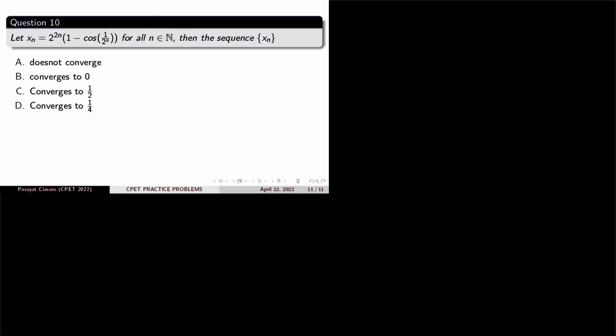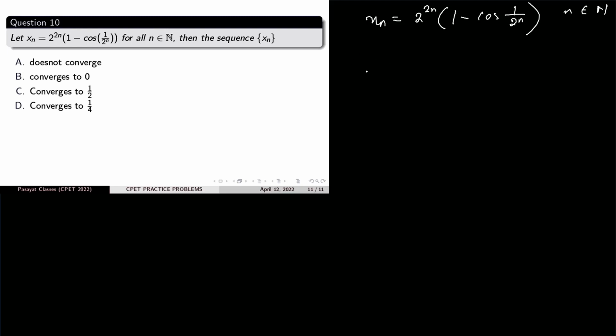Here the sequence xn is given as xn is equal to 2 to the power 2n whole into 1 minus cos 1 upon 2 to the power n, and here n belongs to the set of natural numbers. Now we have to find whether this sequence converges or diverges, or what type of behavior.